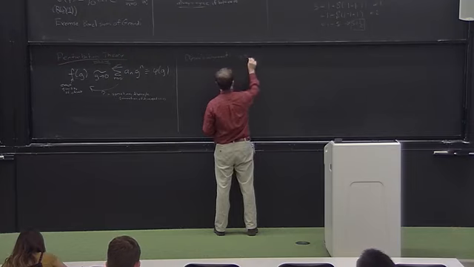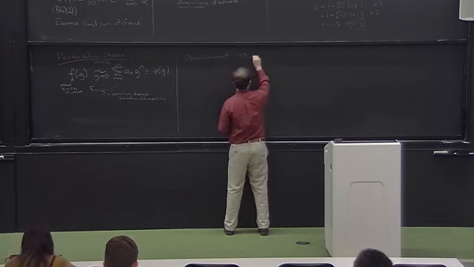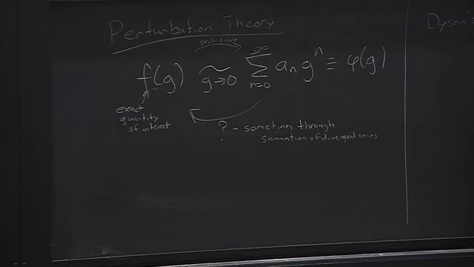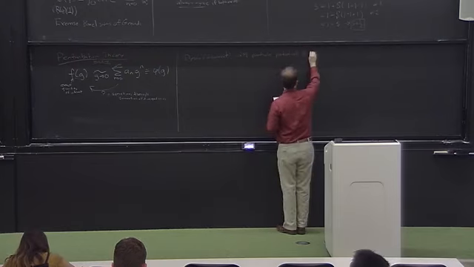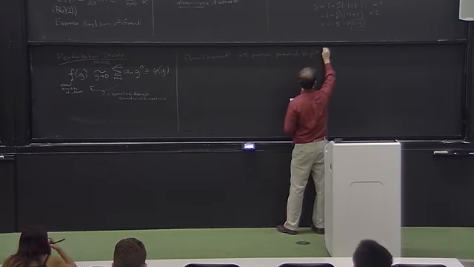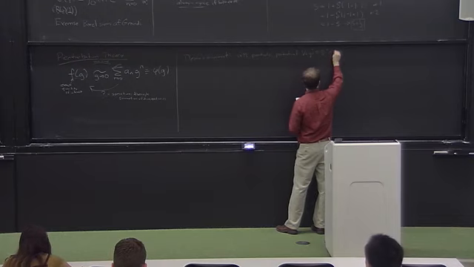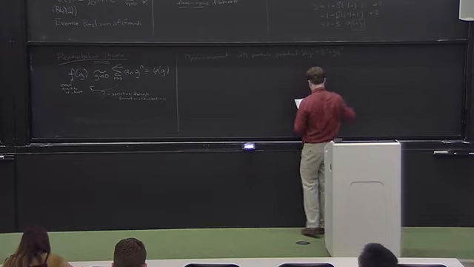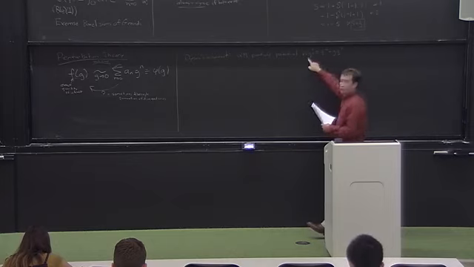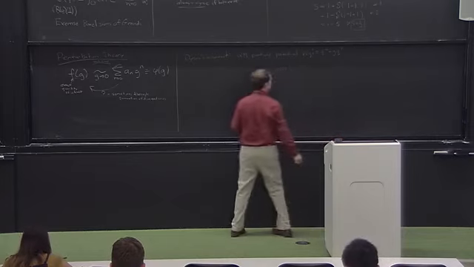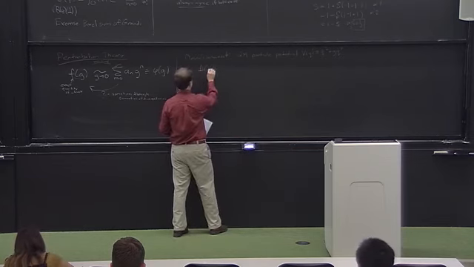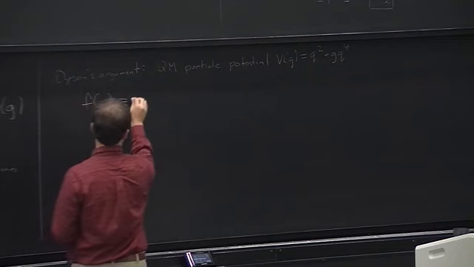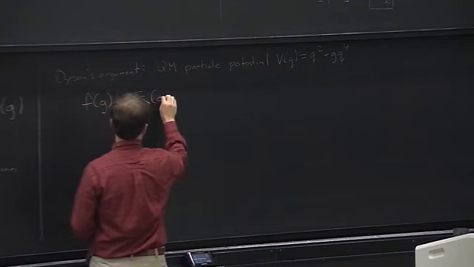Apply his argument to a quantum mechanical particle with a potential V(q) = q^2 + g q^4. So q is here some position and g is a parameter. And let's suppose the quantity we're interested in calculating, our exact quantity of interest, is the ground state energy.